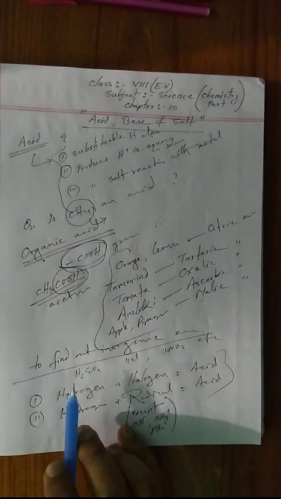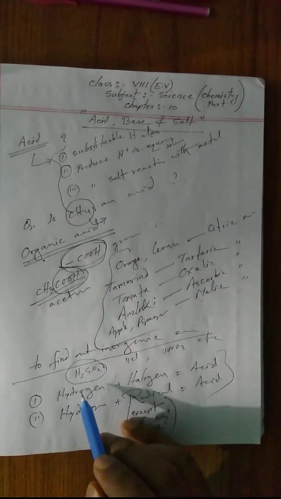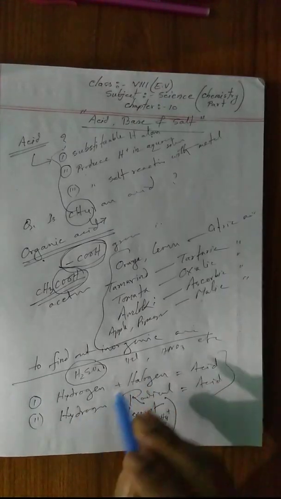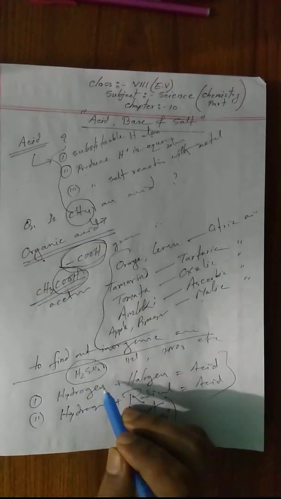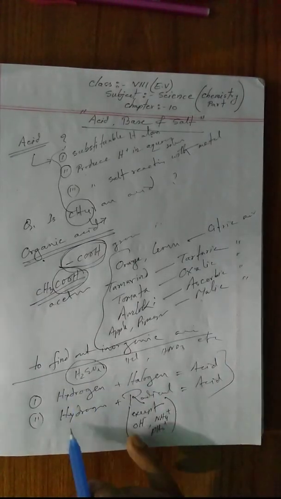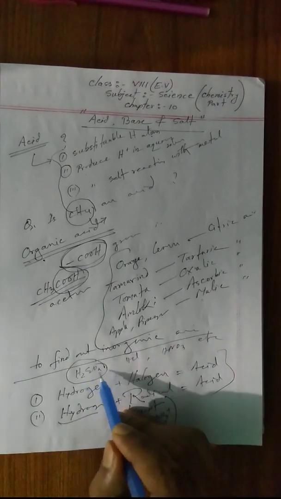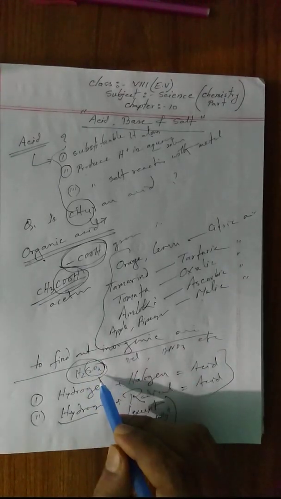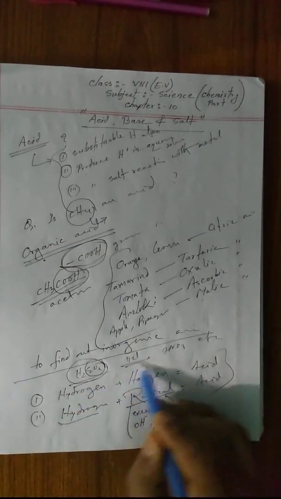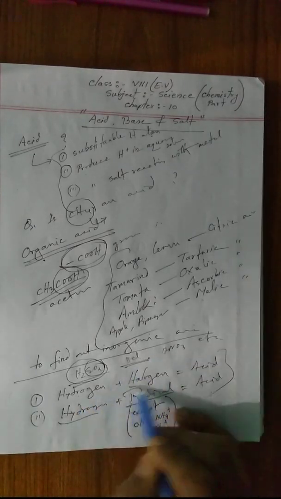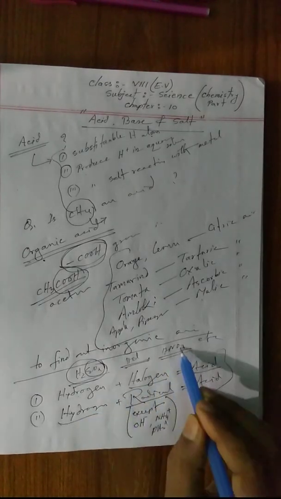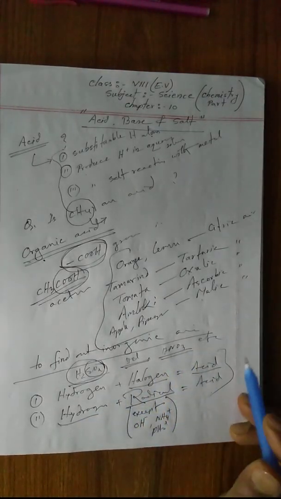So in a compound we have to apply these two rules. Suppose H2SO4. This is hydrogen, and the next part SO4 is a radical. So it is acid. HCl, hydrogen and halogen. This is also acid. HNO3, hydrogen, NO3 radical, acid.